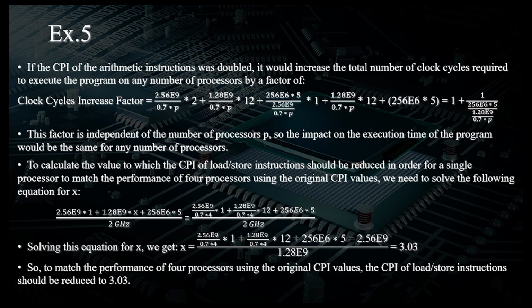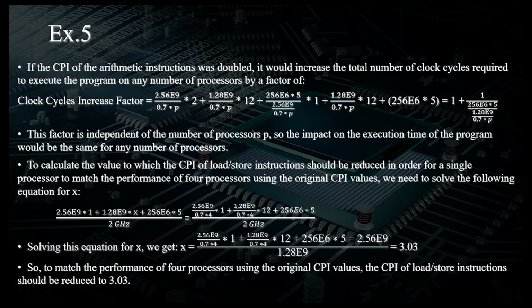So the only element we will double is the arithmetic instruction, and you can see the equation on the screen and the result of it. This factor is independent of the number of processors P, so the impact on the execution time of the program would be the same for any number of processors.